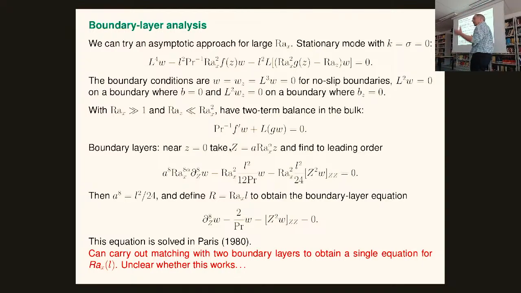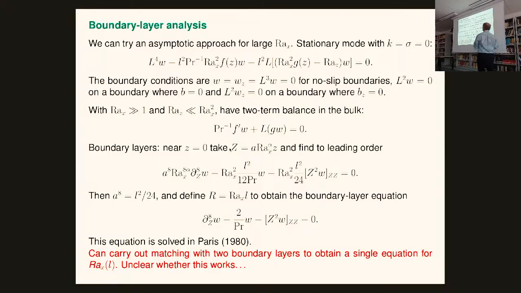If you take a stationary mode with k and sigma both 0, that's the exact equation at the top for the vertical velocity, with the right boundary conditions. If you're in this regime, so large horizontal Rayleigh number, but you're not in the convectively unstable zone with very large vertical Rayleigh numbers, you get a two-term balance in the interior, which you can solve numerically.